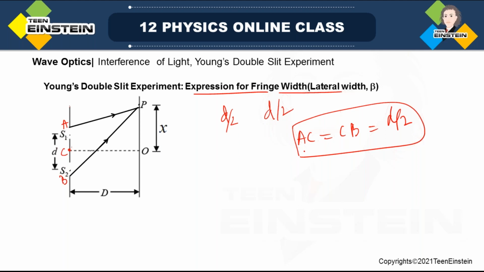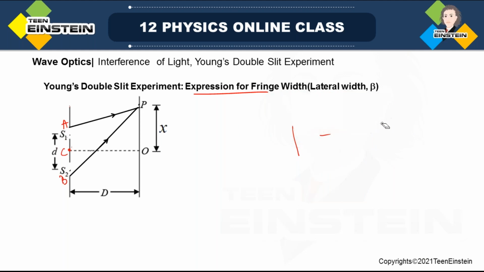All right. So my aim is to find out the fringe width. What is the definition of the fringe width? We have seen that the fringe width is actually the separation or the distance between two consecutive dark or bright fringes. So if you want to find a general expression for beta, you must know the position.